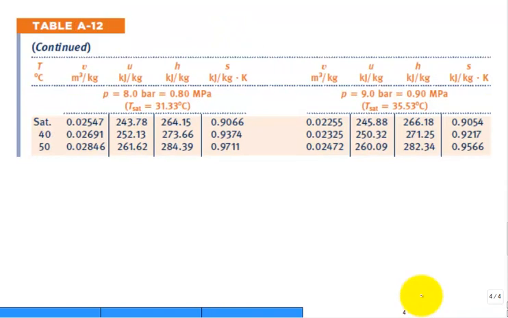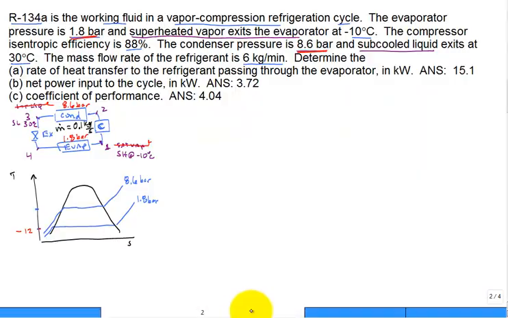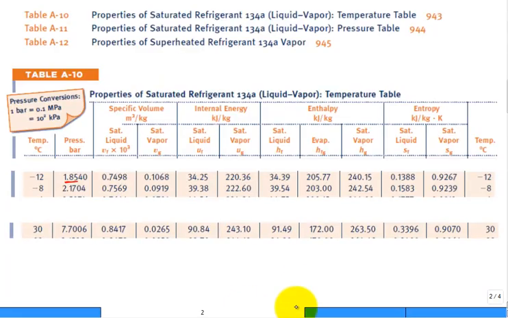Okay. And then if we go to our 8.6 bar, it'll be in between the 8 and the 9 bar, so it'll be in between 31 and 35, and it's around 30 something. It's not that precise that we need to know, but let me see if there's another table I can look at. Maybe table A11 as a function of pressure.